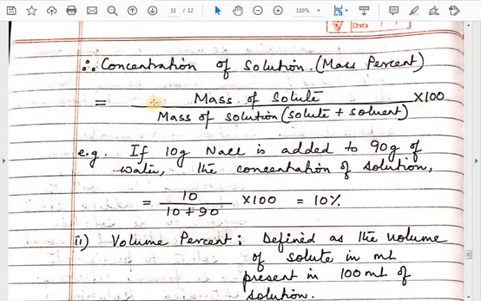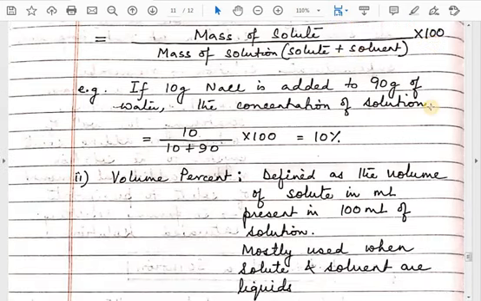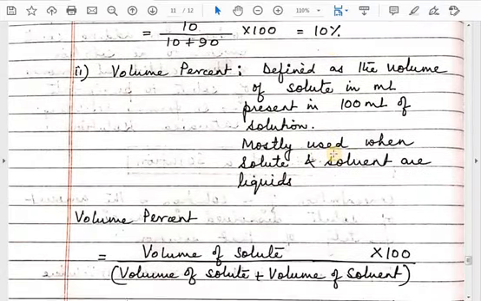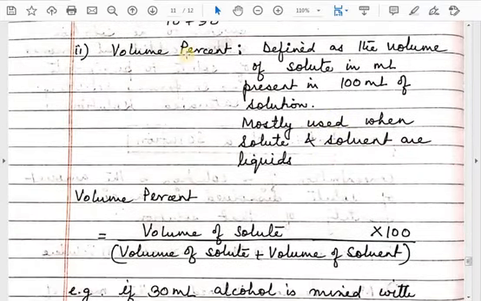The formula is mass of solute divided by mass of solution, that is solute plus solvent, into 100. So if 10 gram of NaCl is added to 90 gram of water, the concentration of the solution is 10%. What about volume percent? It is defined as the volume of solute in milliliters present in 100 ml of solution.